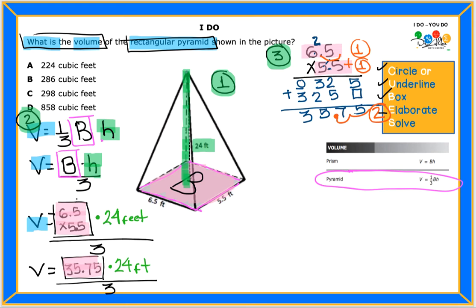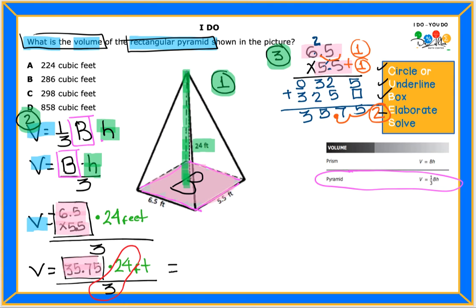Before I start working them out, I have to check if I can simplify. I'm going to check the whole number first because it's always easier to simplify whole numbers than decimals. So I'm going to check 24 divided by 3. Can we simplify that? Of course, because 24 divided by 3 is 8, because 8 times 3 is 24. Awesome.